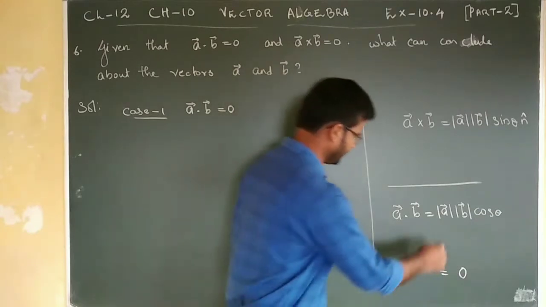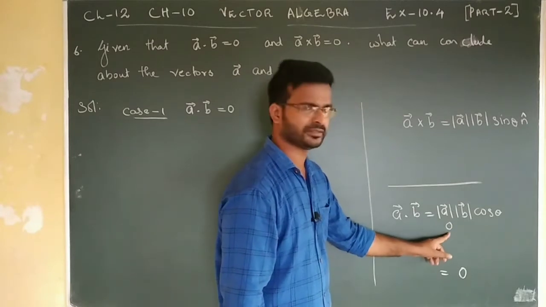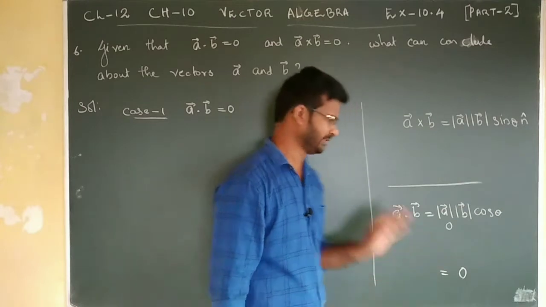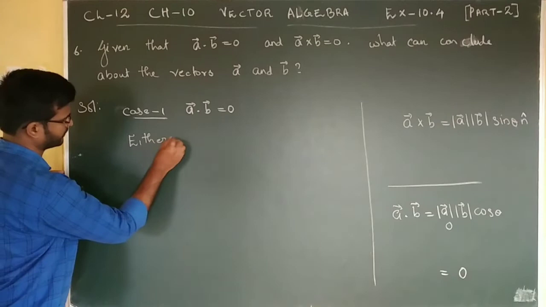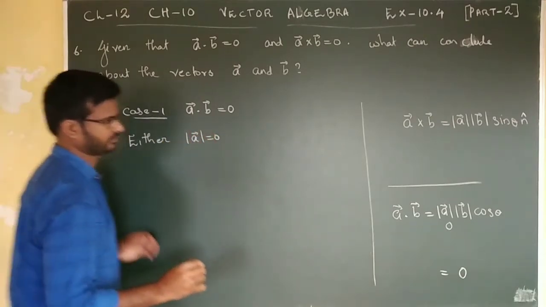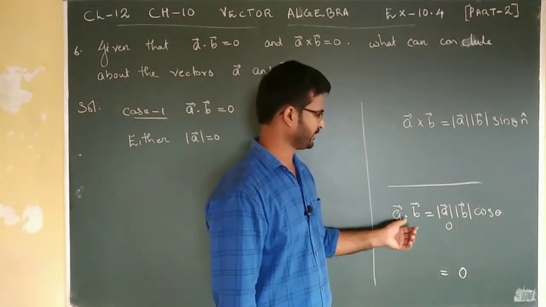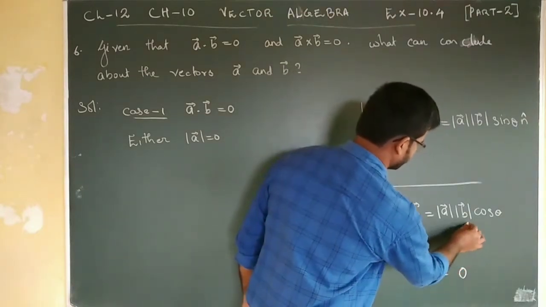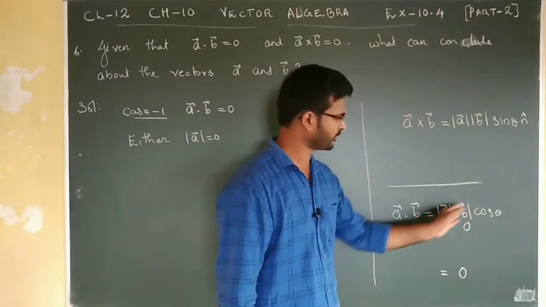If the modulus of A vector is 0, the right side will be 0, since 0 into any number is 0. Isn't it? That is the first condition. Either the magnitude of A vector is 0, then A vector dot B vector is 0. Otherwise, the magnitude of B vector is 0, and that time also the right side will be 0.